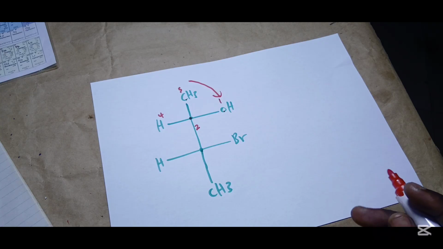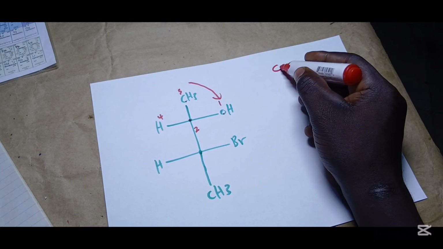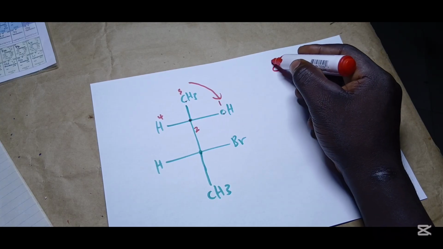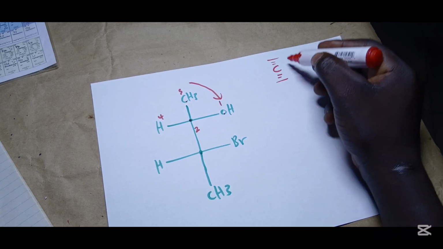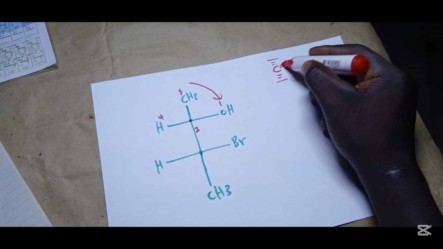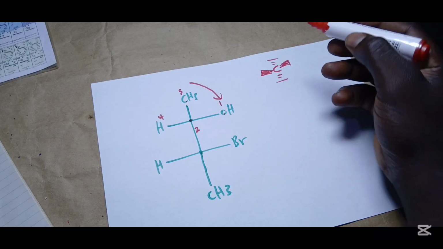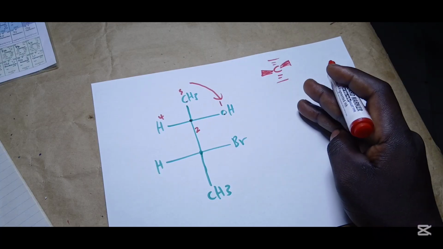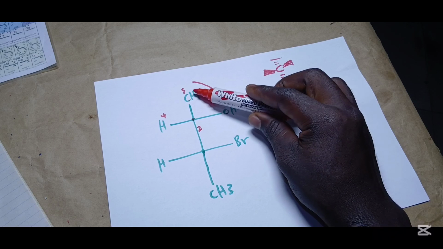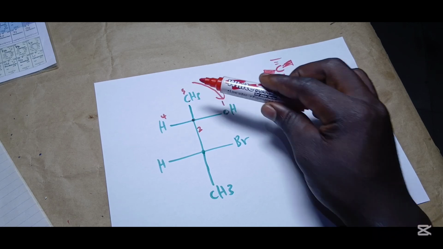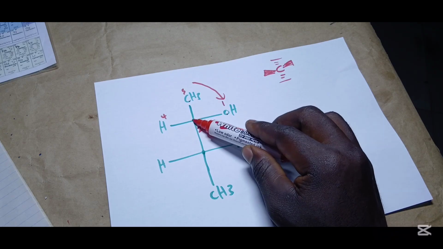But one thing you need to know about facial projection is that this is the structure of facial projection. Something you need to know. Those groups from the up and bottom part are on the dash wedges. Like this molecule, this group here is on the dash wedge, and the other group here is on the dash wedge if we are taking this carbon into consideration.